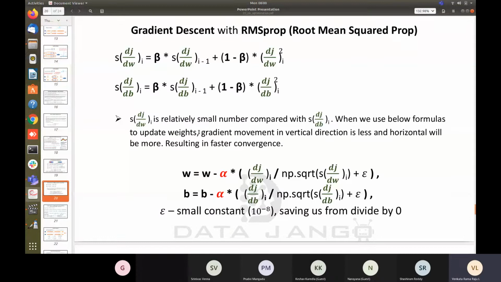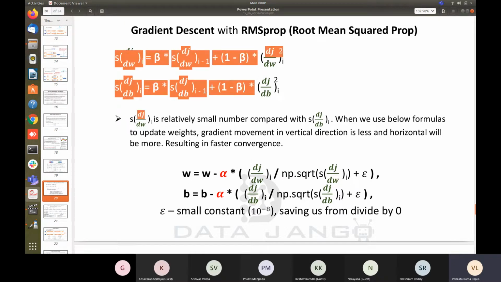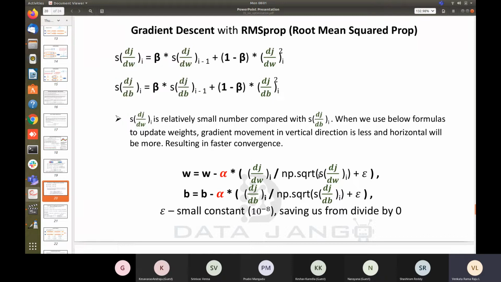Right, got it, right? While calculating this, we were using only dJ by dW in gradient descent or stochastic gradient descent. But here it's a bit more complex formula. dJ by dW, the original gradient, is divided by np square root of s, whatever we calculated here, plus epsilon.